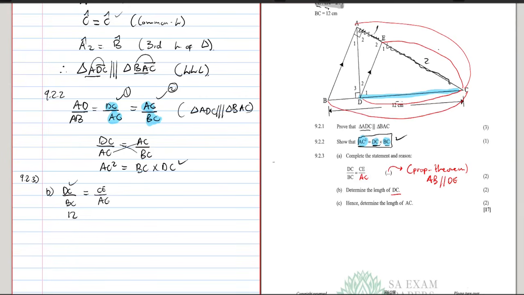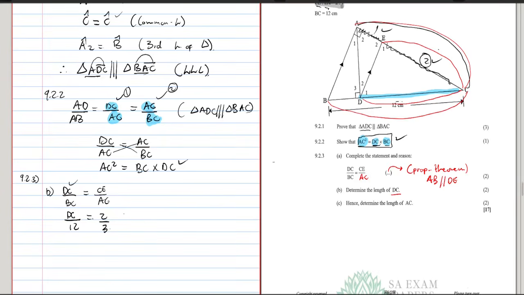Sorry, DC is not given. It's BC instead. BC is 12, equals CE. We're going to use the ratios here. So this is going to be CE, which is 2, divided by AC. AC is that entire length, so it's 2 plus 1. We're going to have a 3 right here.